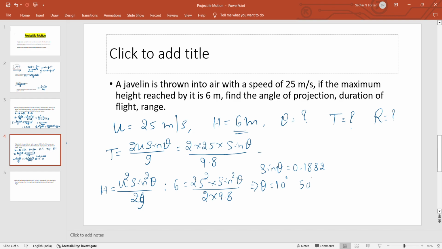So that 10 degree 50 minutes, if I substitute in the time equation, that forms 2 into 25 into sine theta over 9.8, where sine theta is 0.1882, so that the time we get is 0.96 seconds.